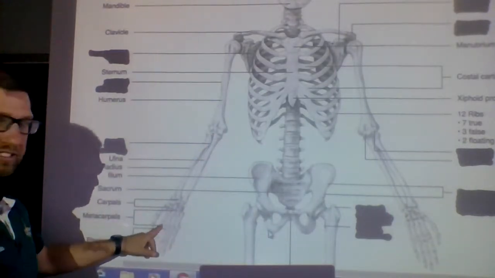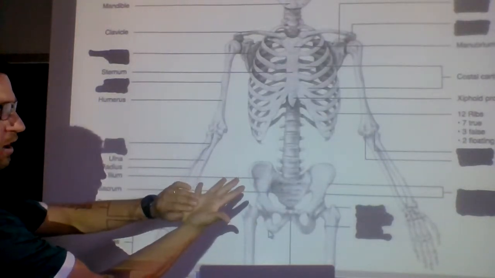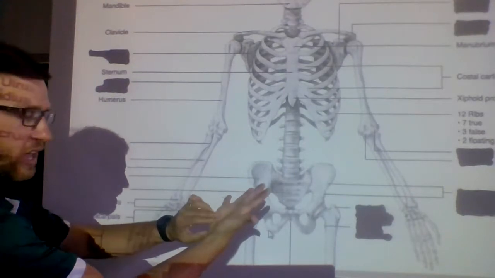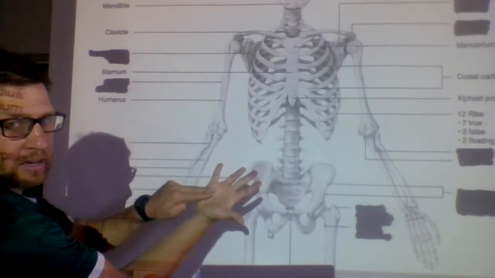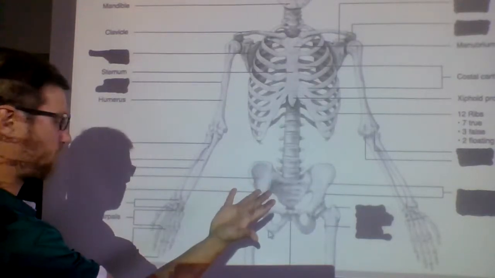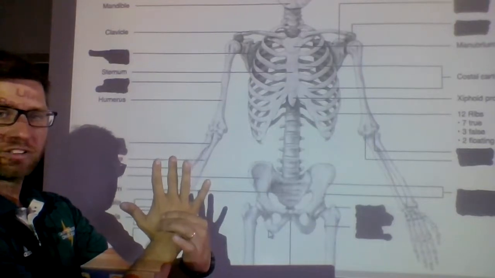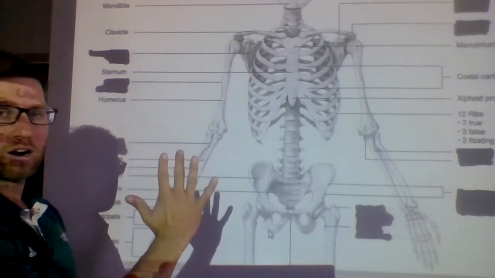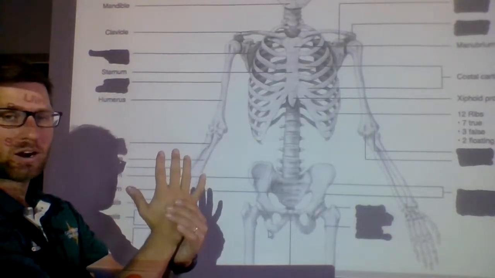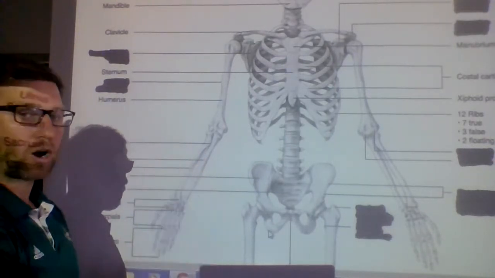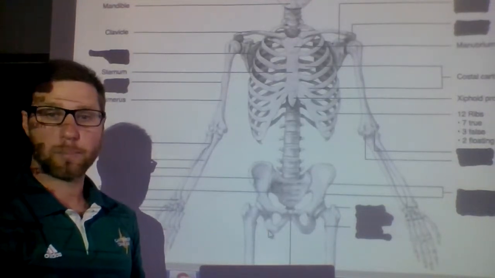Your metacarpals are going to be more distal, and they make up the palm of your hand. So the palm of my hand is where my metacarpals are. These long bones, there are 5 of them, represent each finger. Those are your metacarpals. And your metacarpals have a number, just like the ribs have a number.